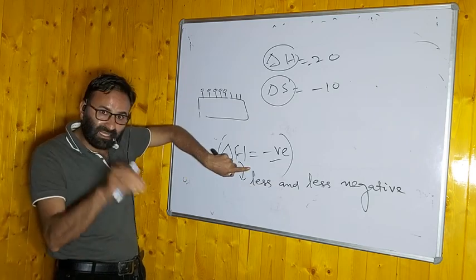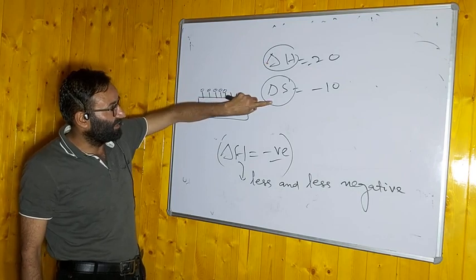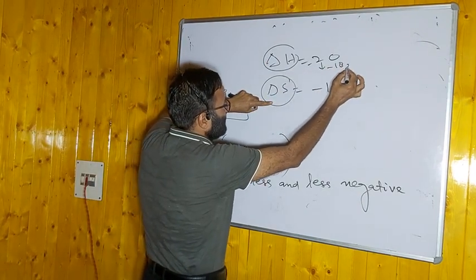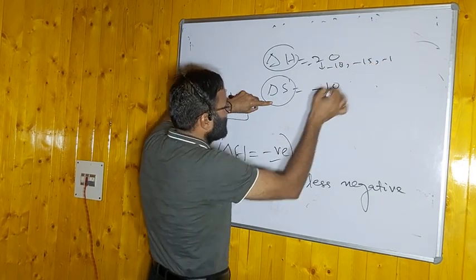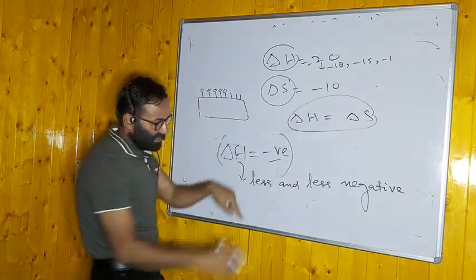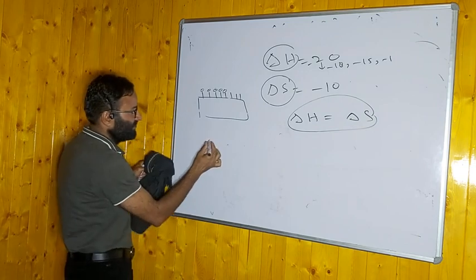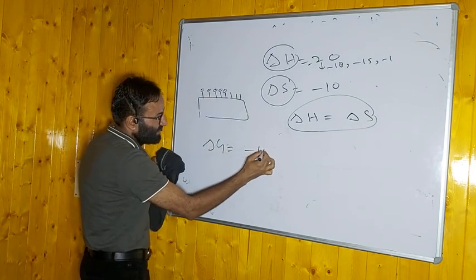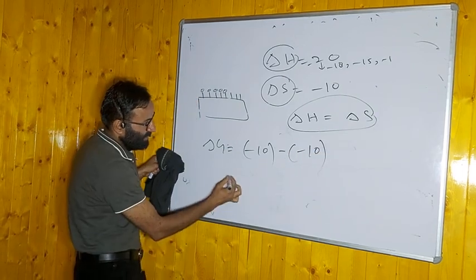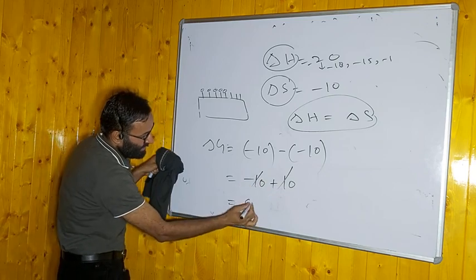Finally, a stage will reach when delta H is equal to delta S. When these two terms become equal, for example delta H is minus 10 and T delta S is also 10, minus 10 plus 10 will cancel. Delta G will be 0.